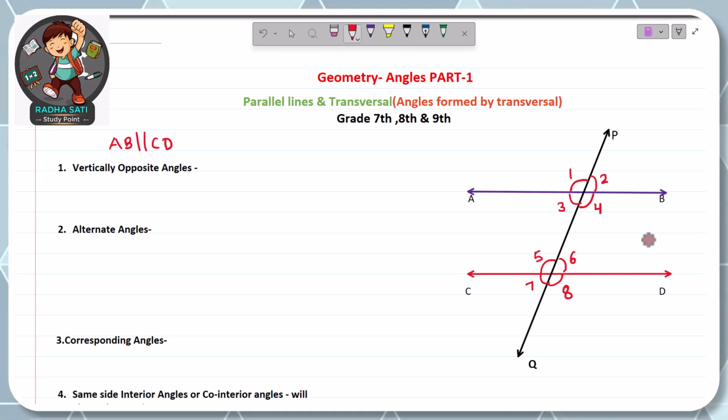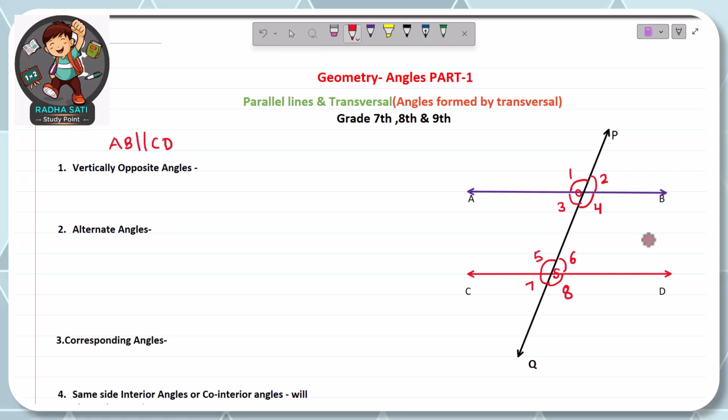Now we will learn about the names by which we will call these angles. So let's write O here. I am writing O means the point where this PQ is intersecting AB. And let's write S here. Okay. So now let's begin.